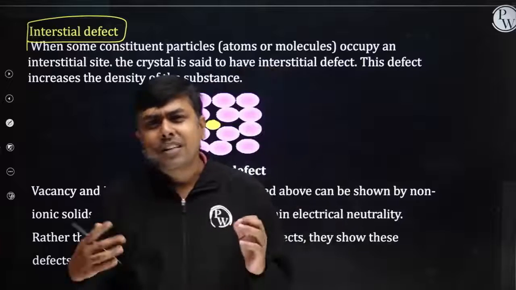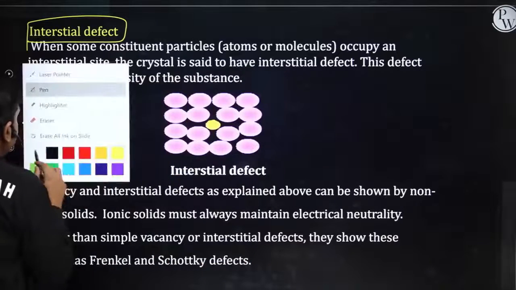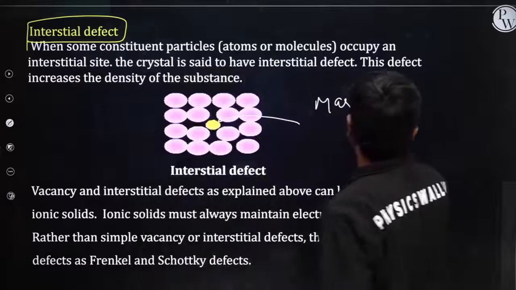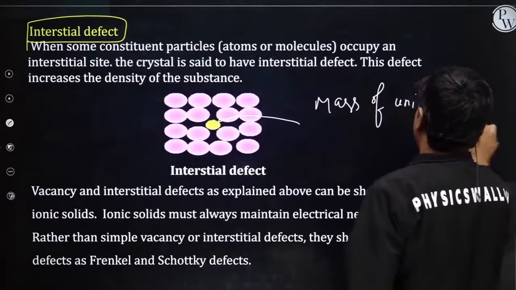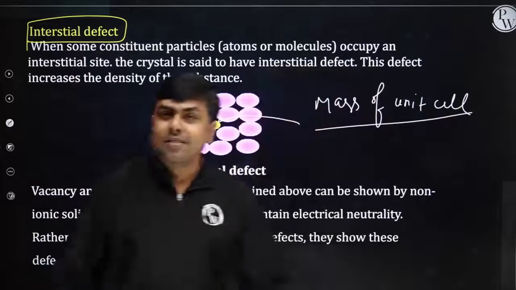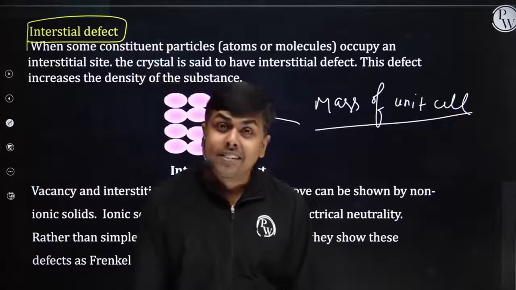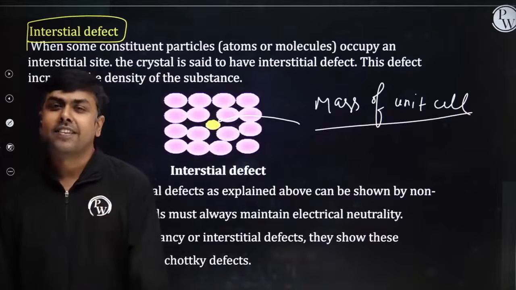And if some constituent particles get added and occupy the interstitial void, can I say the mass of the unit cell will increase? The volume remains the same. So can I say in case of interstitial defect, the density of the solid is bound to increase.